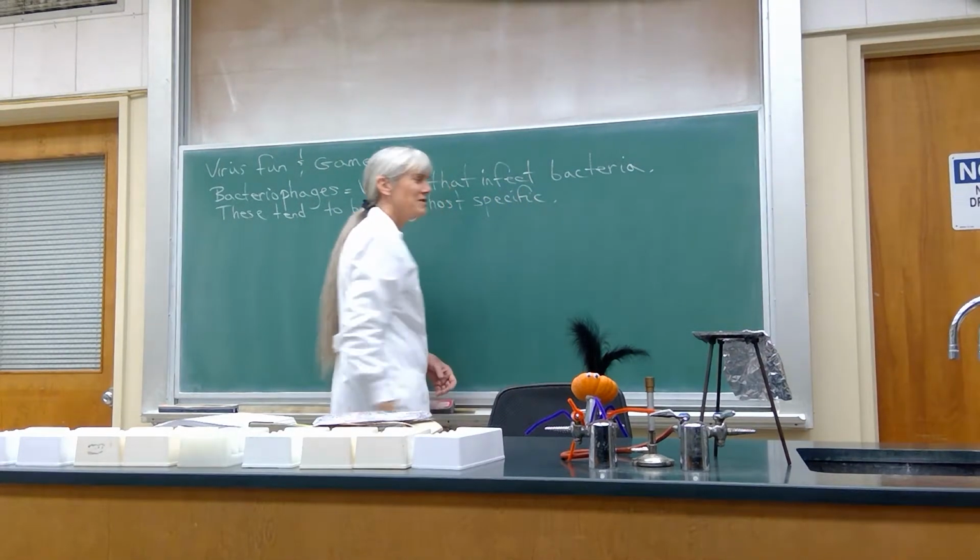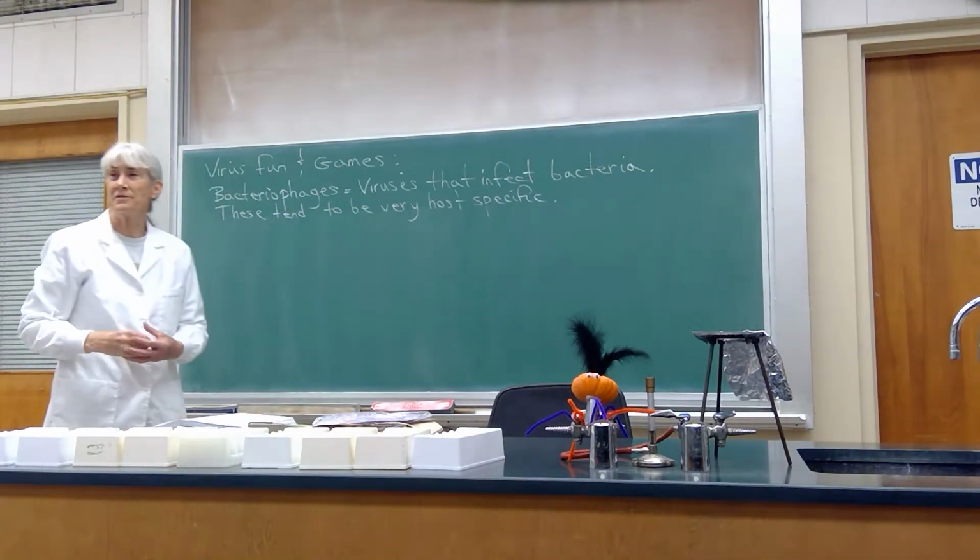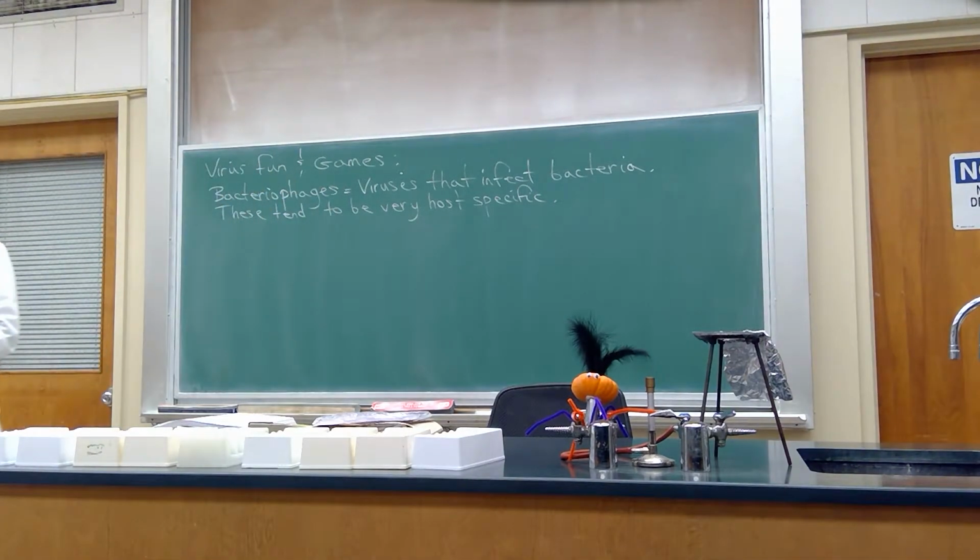There was a question on the exam that asked why are they host specific? What's the stage where this comes into play? Absorption or attachment, and what makes them host specific? The receptors. The receptors on the surface of the virus have to interact with specific receptors on the surface of the host.